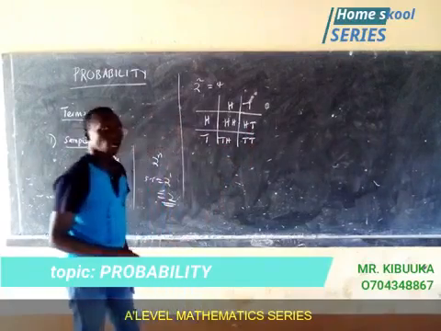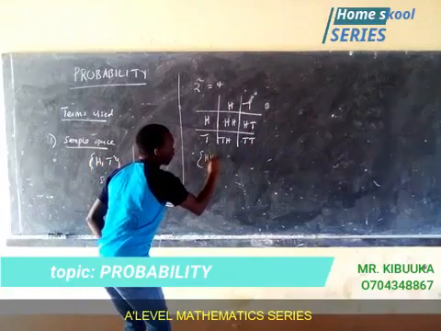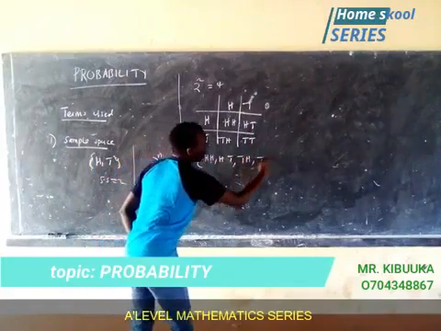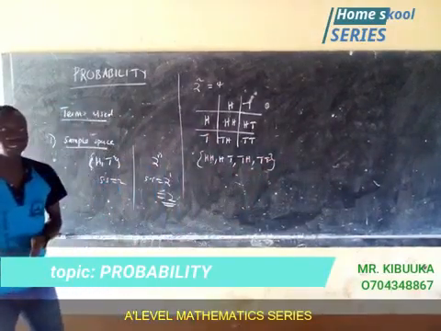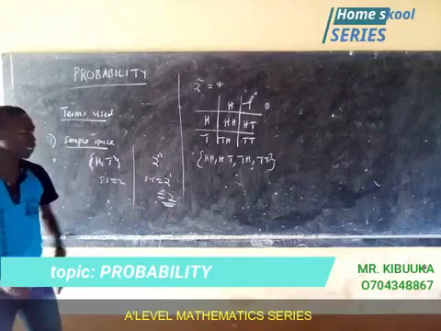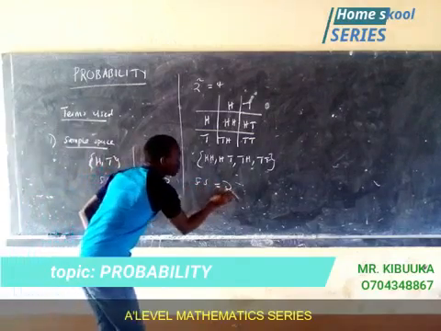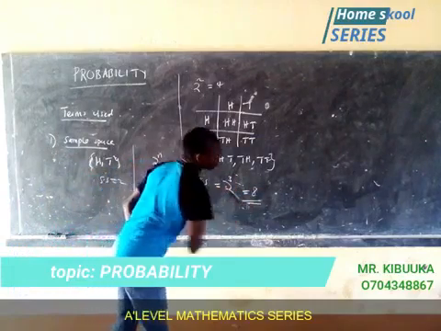In this case, we have 4 outcomes. And likewise, a coin tossed thrice, it implies n becomes 3, giving us our sample space as 2 to the power 3, giving us 8.